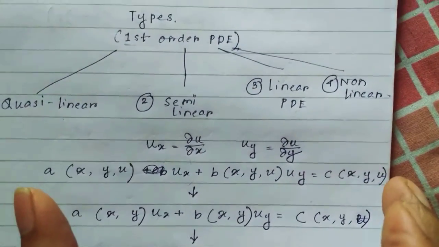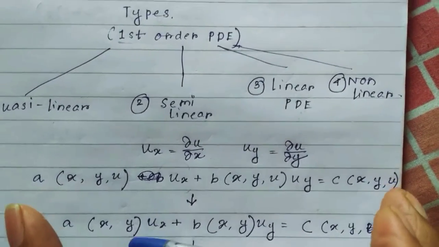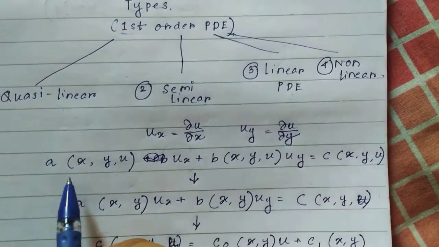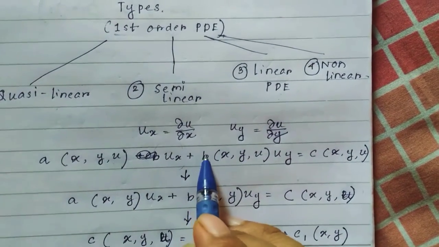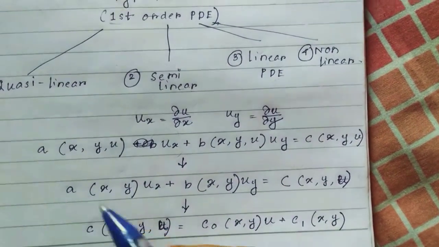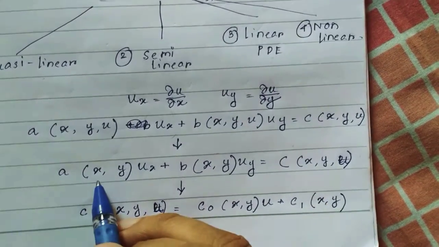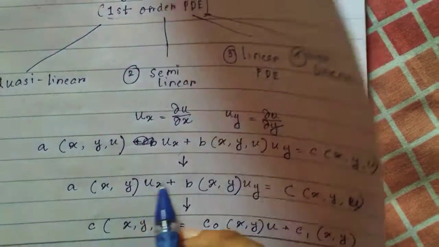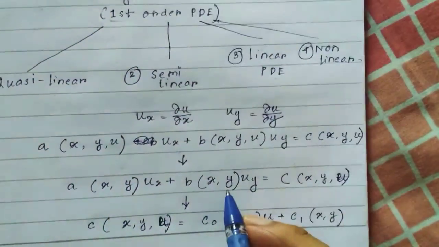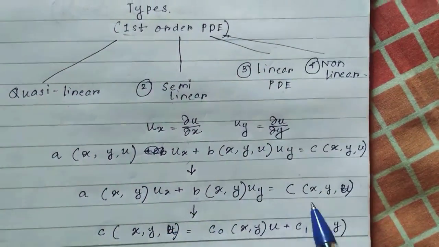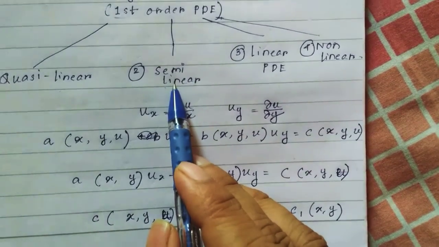Whenever in this quasi-linear PDE the coefficients a and b are only functions of x and y, not u, then this equation becomes semi-linear.